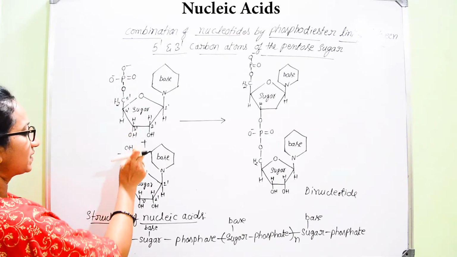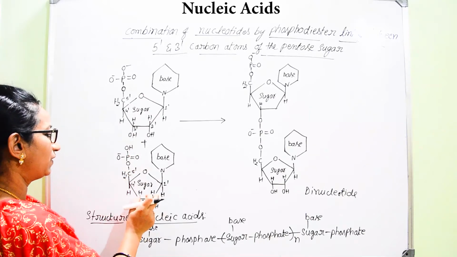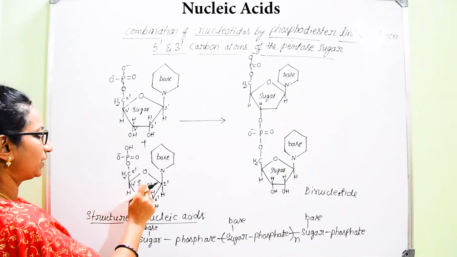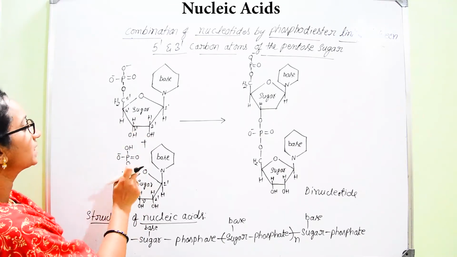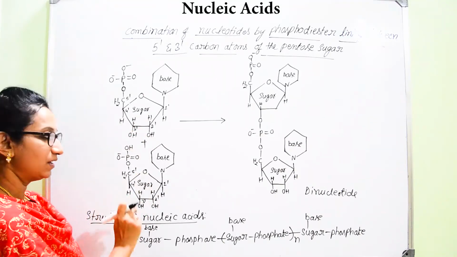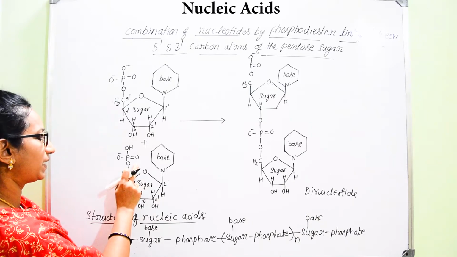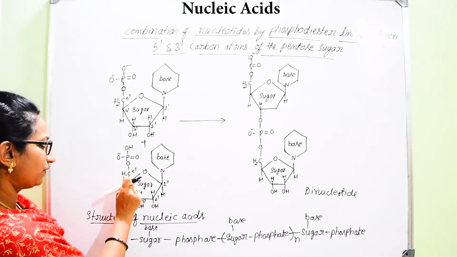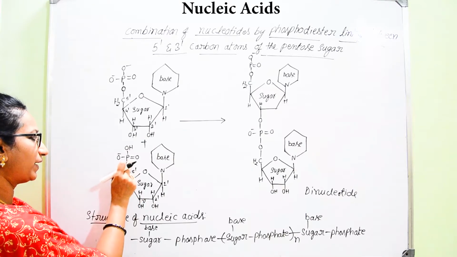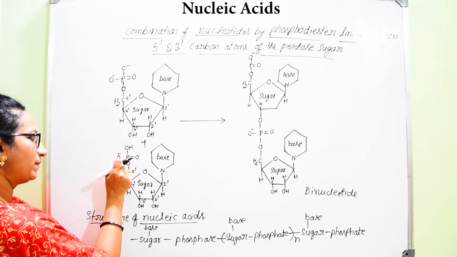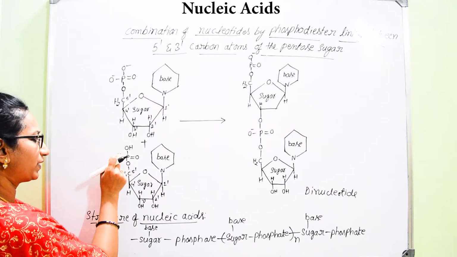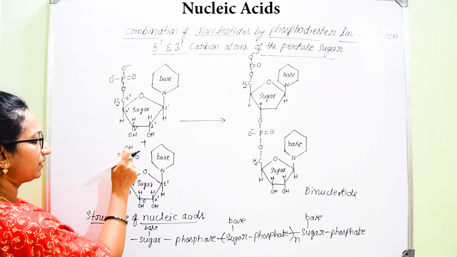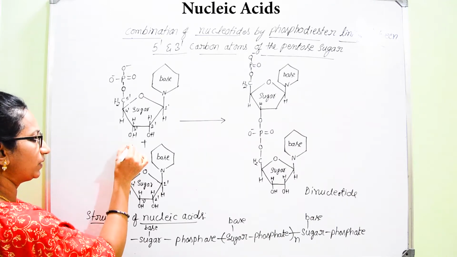Now let us consider the same combination of phosphoric acid group to the fifth carbon atom. Now these two nucleotides will interact with one another. How is that interaction taking place? Now you observe it keenly. Here to the fifth carbon atom we have attached this phosphate group, but because of the cleavage you are going to get this negative charge here. So you get the phosphate moiety, and here this OH group will be there.